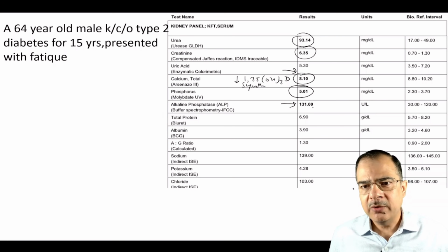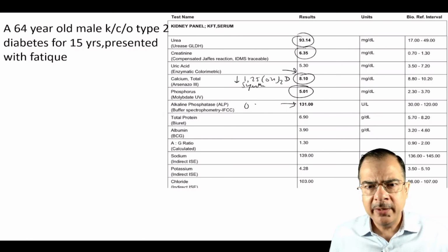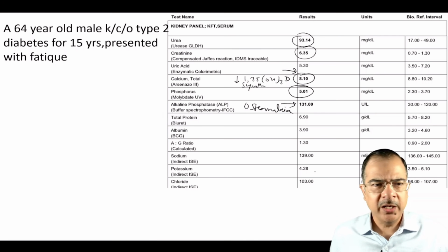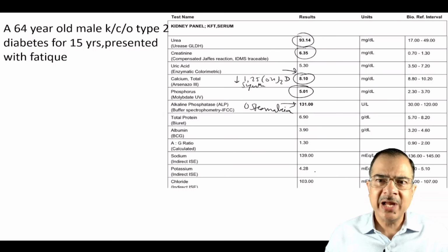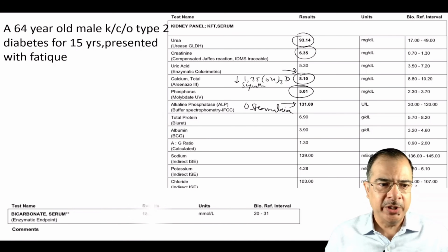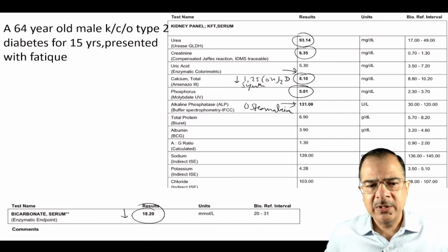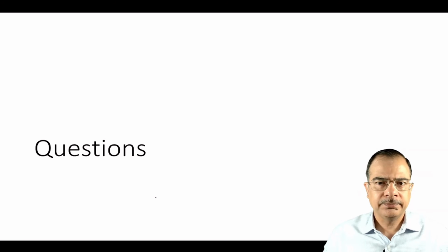And this ALP of 135, most likely it will be due to osteomalacia, renal osteomalacia. It can be present here, and the rest of the parameters are almost okay. So most likely the patient has diabetic nephropathy, a CKD patient. And when we check the bicarbonate level, you can see bicarbonate levels are low. So this is metabolic acidosis, one of the important complications of CKD.